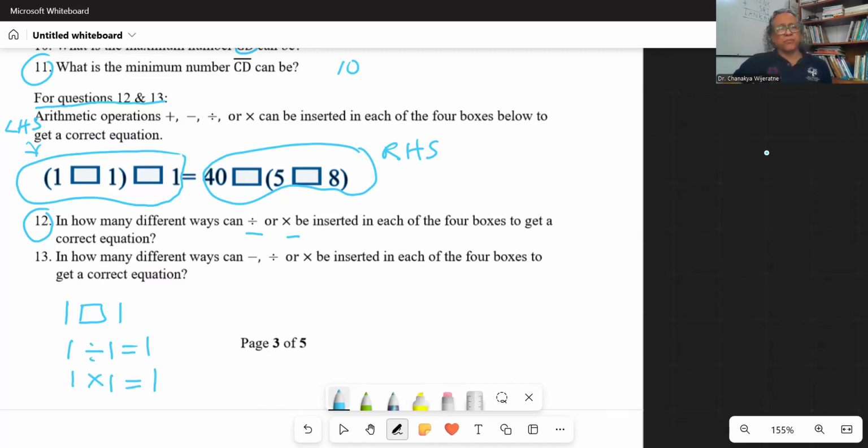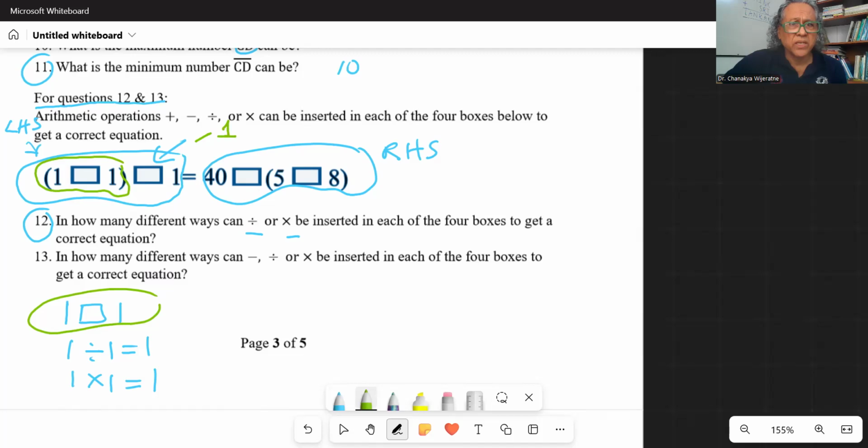Then there is this box here. Same situation, because the result here is 1 no matter what you put in the box. It could be division, could be multiplication. It's a 1, and again 1, box 1, the same situation. So we are going to get 1 here, with division or multiplication.